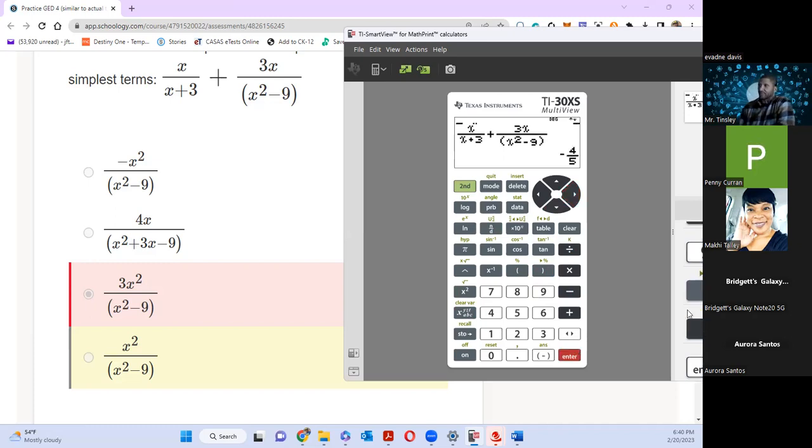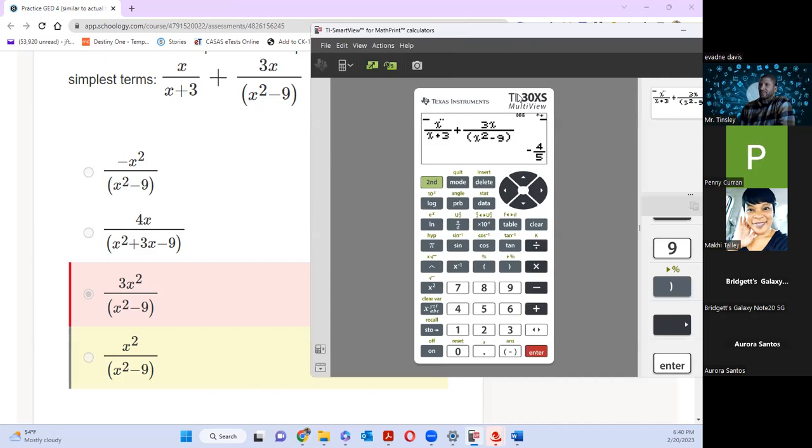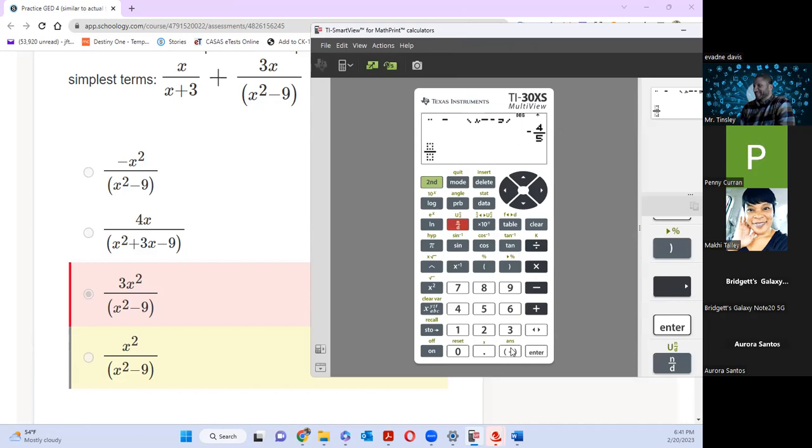My target is going to be my answer, negative 4 over 5, right? So since the 2 is stored in my calculator already, I'm going to plug in all the answer choices until I get negative 4 over 5, and that'll be my answer.